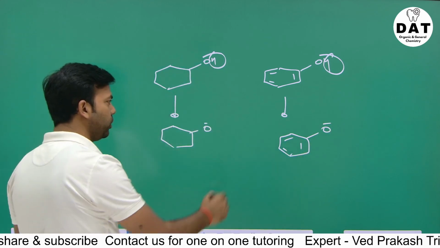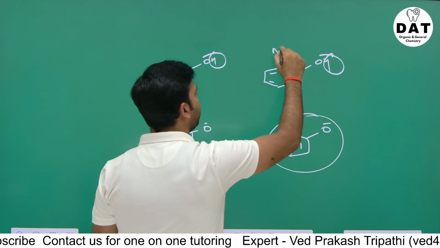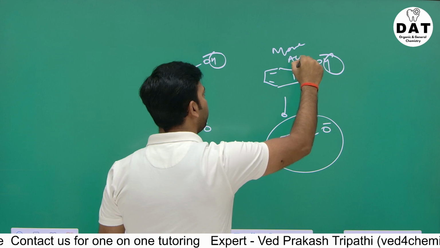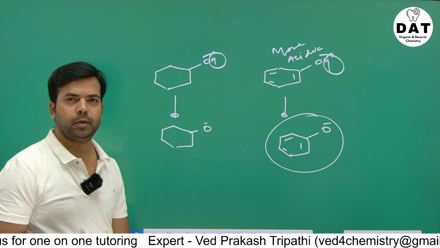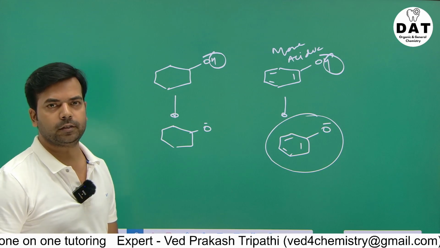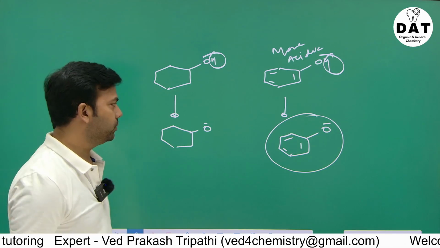This is in resonance. Clear? The stable one. So that's why phenol is more acidic. The simple thing is that the more stable the conjugate base, the stronger the acid. And a stable conjugate base means resonance.